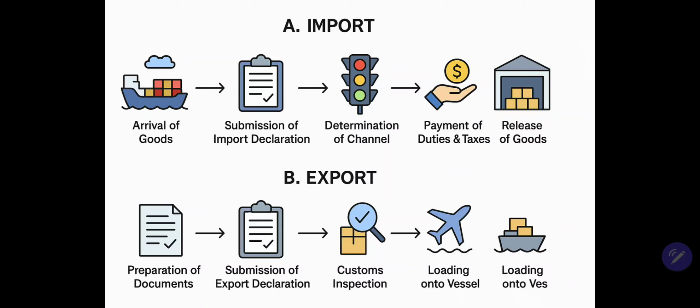This process highlights the key differences between import, which involves duties and taxes payment, and export, which mainly focuses on documentation and approval. The visual representation helps to clearly understand how custom clearance ensures the legal and smooth movement of goods across international borders.